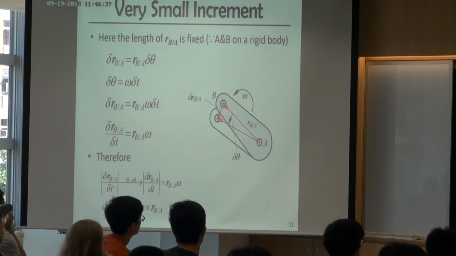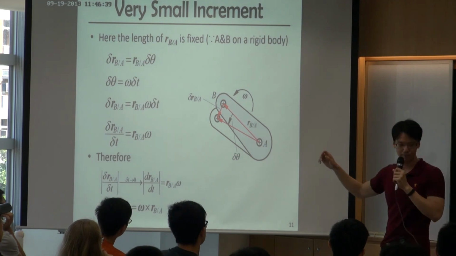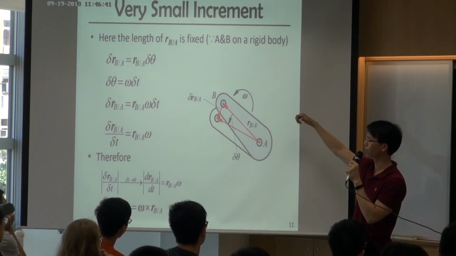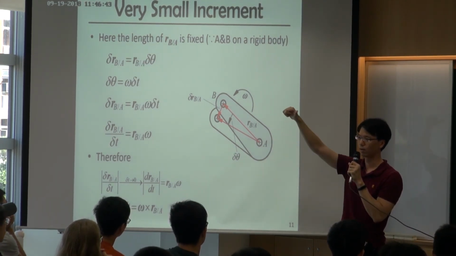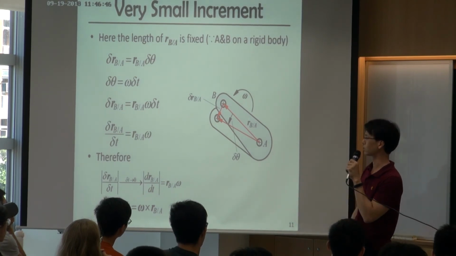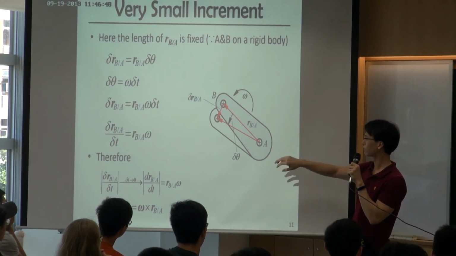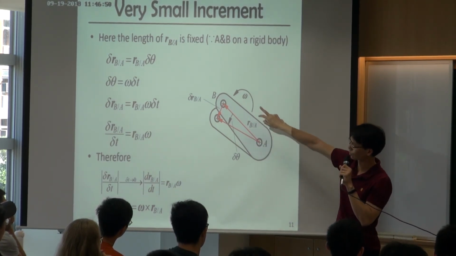What does omega cross RBA mean? Omega, right now counterclockwise, is pointing out of the screen, and R is in this direction.